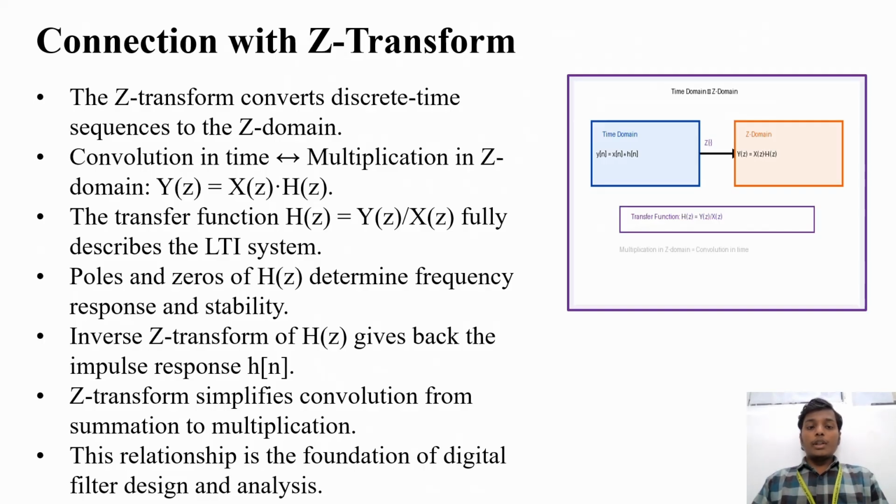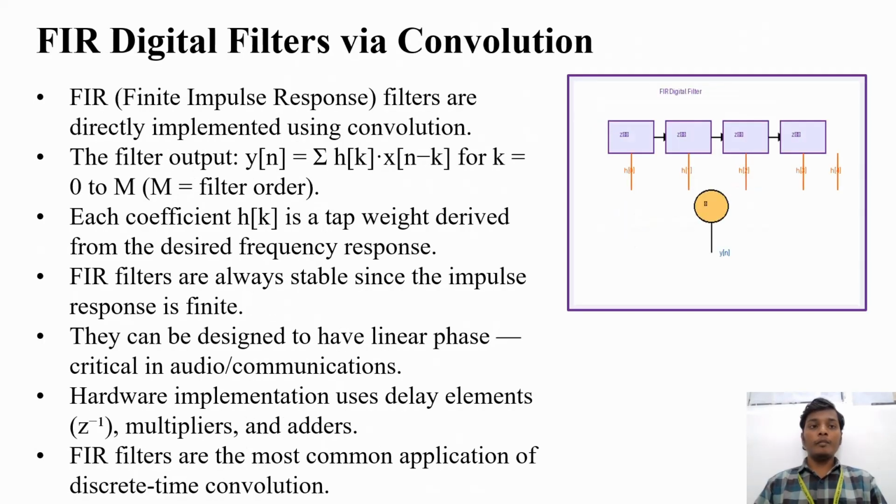Poles and zeros of H(z) determine the frequency response and stability. Inverse Z transform of H(z) gives back the impulse response h[n]. Z transform simplifies convolution from summation to multiplication. This relationship is a foundation of digital filter design and analysis.